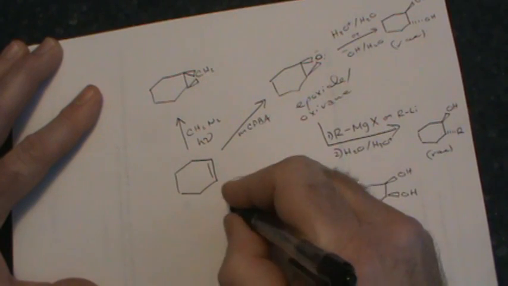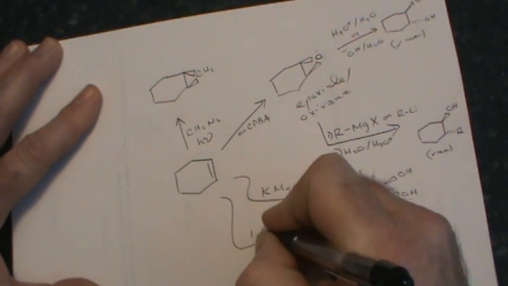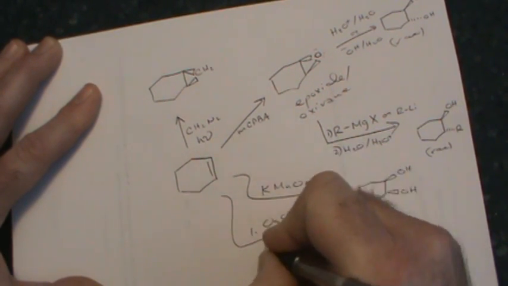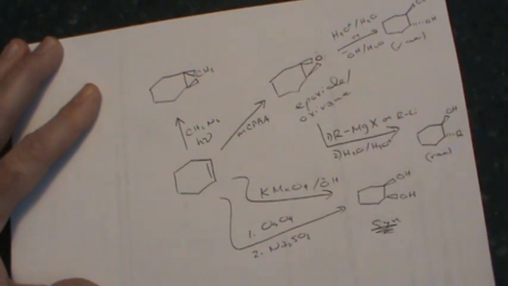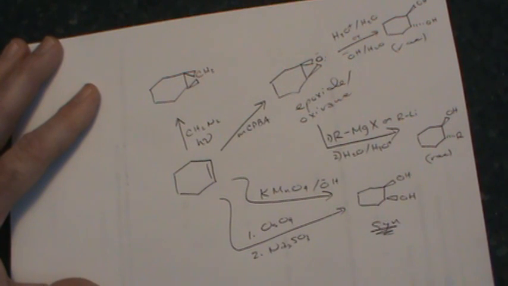In fact, we can get there another way. If we use osmium tetroxide in the first step, followed by a reduction, we can get to the same syn-vicinal diol.